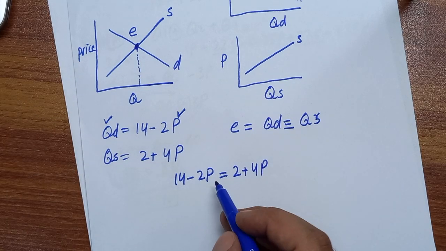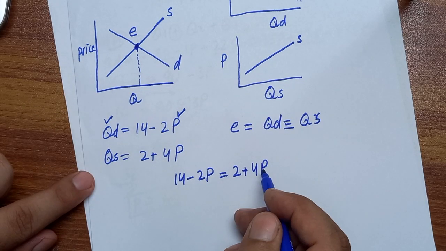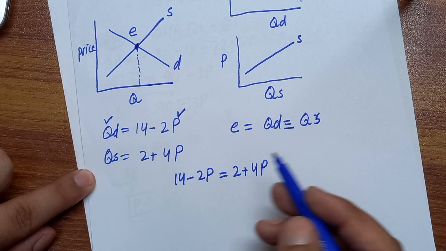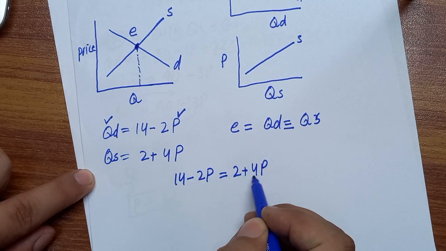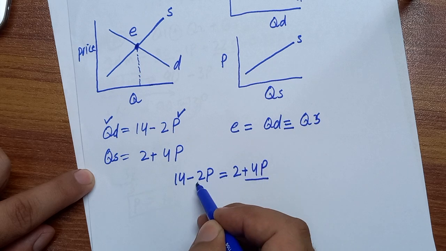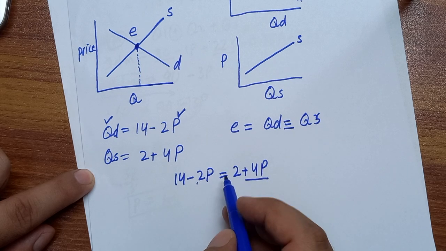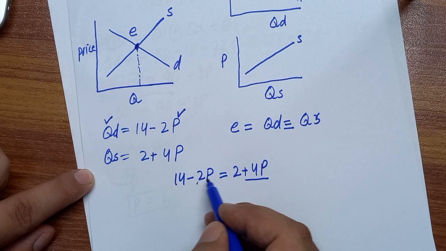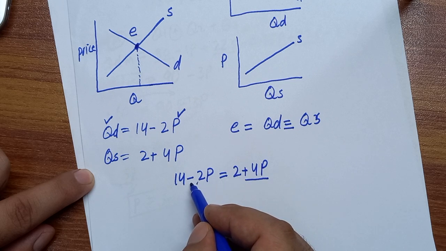Now we will shift the price to one side and the constant to the other side. Can we shift this 4P to this side? No, it's not good because it is positive. So we should try to shift the negative term so that it becomes positive.